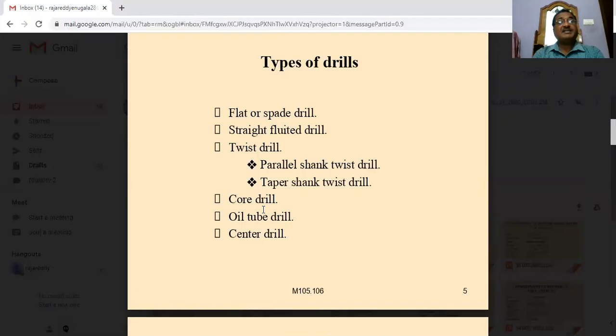Twist drills are again classified into A, parallel shank twist drill, and B, taper shank twist drill. Four, core drill. Five, oil tube drill. Six, center drill.